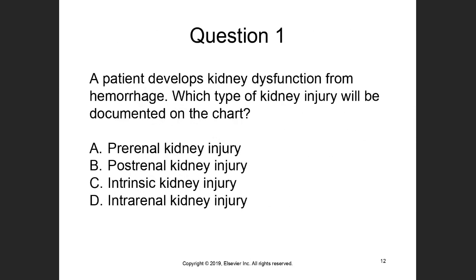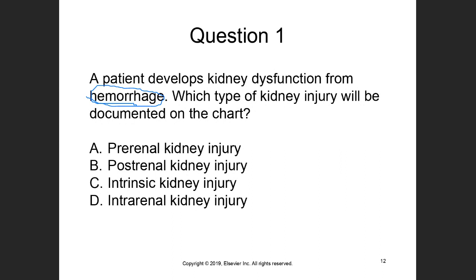And we have question number 1. A patient developed kidney dysfunction from hemorrhage. Which type of kidney injury will be documented on the chart? Who knows the answer? The only thing that you have to know right here is hemorrhage. If you have hemorrhage, that means that you are losing blood.